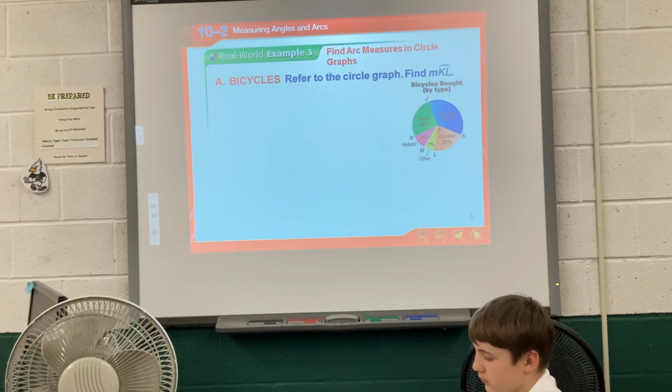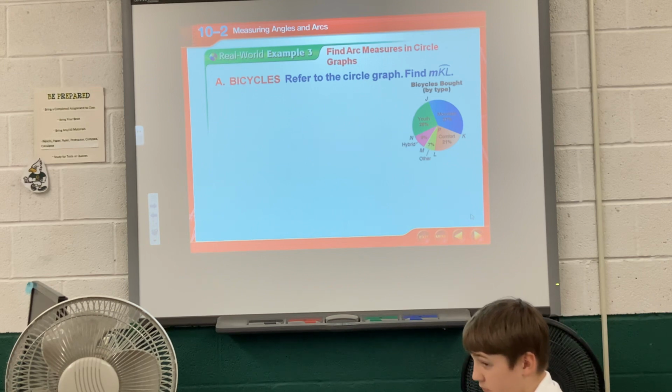Make sure you read the directions to see what you're supposed to round to, and don't forget your degree symbol, but you're exactly right. 0.21, so whatever percentage they give me, times 360 degrees, because it's all the way around. Remember, now we're asking what's that arc percentage as a degree.